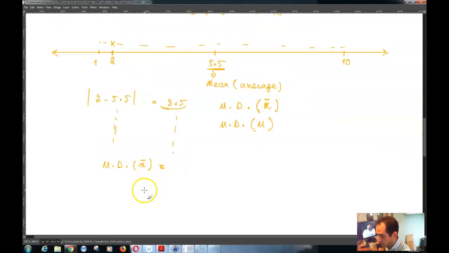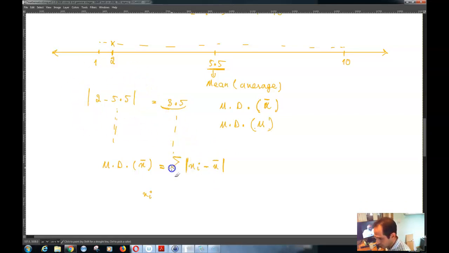So you can call that observation, for example, x of i. So you can write it as x of i minus x bar. And since we wanted to take the absolute value of that, we take the absolute value, and then we have to add all of those together.